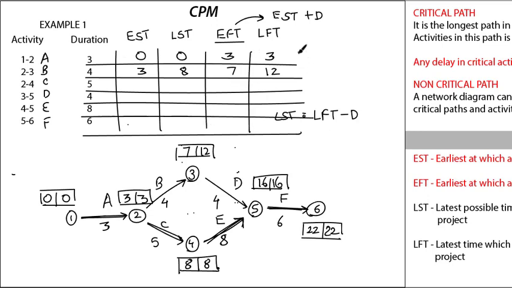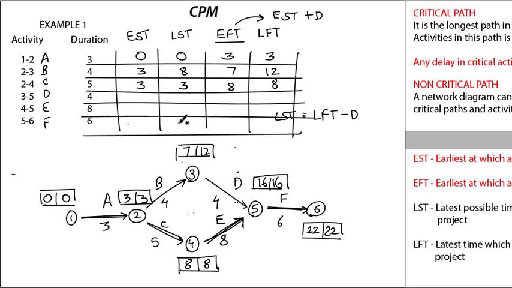Let's solve this. So for activity C, earliest start time is 3. Earliest finish time is 3 plus 5, that is 8. Latest finish time is 8 and latest start time is 8 minus 5, that is 3.